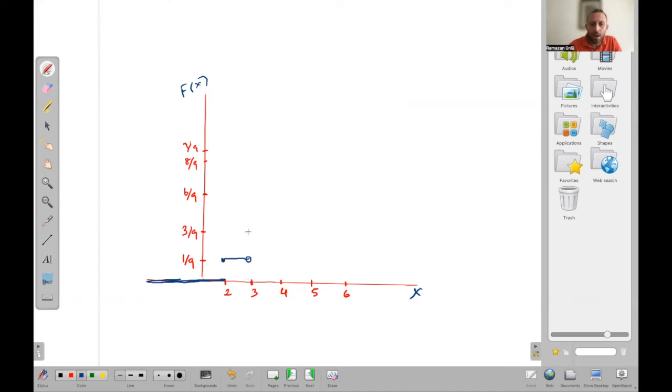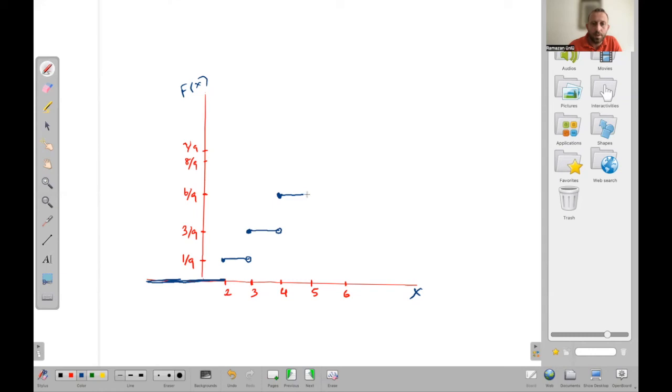And at 3, I will jump to this point, and the probability is 2 over 9 until it reaches 4, right? And at 4, it will jump to this point, and it will go until 5, right?